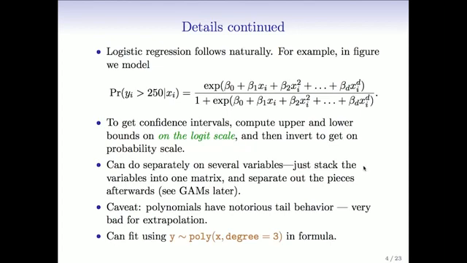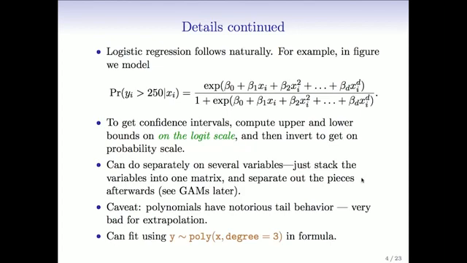So if you've got a variable x, you may make x1, x2 up to, say, x4. If you have another variable z, you can make z1 up to z4. And then you just stack them all together and make a big model matrix and fit your linear model. And then you have to unpack the pieces to compose the functions. And we'll see later on that the GAM technology, generalized additive model technology, helps you do this in a seamless way.